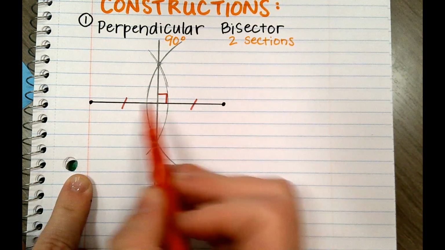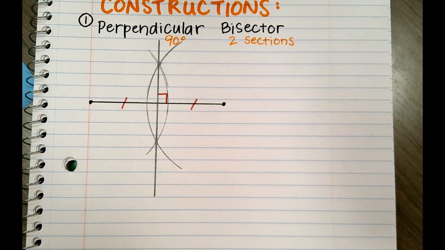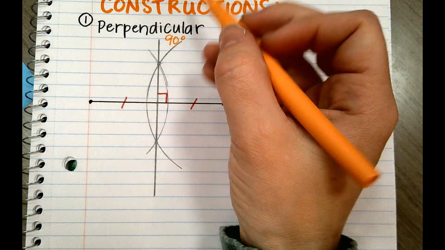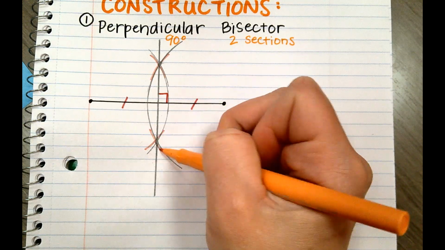One tick mark on each side. And that shows that they are equal. And your perpendicular bisector is done. There you go. So if you're really just looking for these two x's, that's all you gotta be able to do.